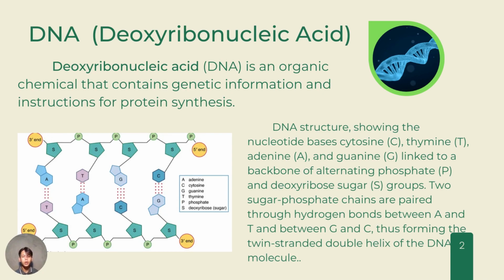To define DNA or deoxyribonucleic acid, it is an organic chemical that contains genetic information and instructions for protein synthesis. DNA structure shows the nitrogenous bases, cytosine, thymine, guanine, and adenine, linked to a backbone of alternating phosphate and deoxyribose sugar groups. So there are two sugar-phosphate chains paired through hydrogen bonds.